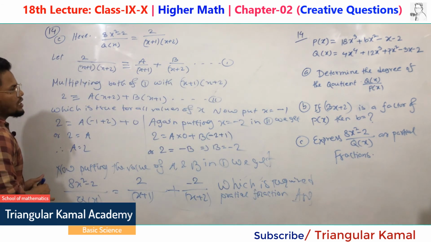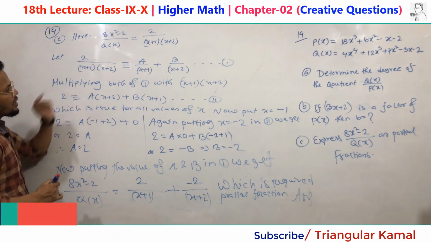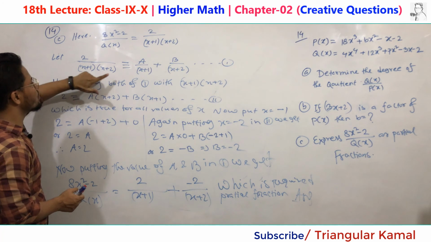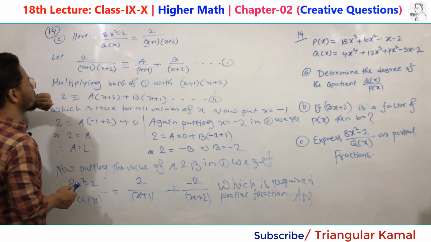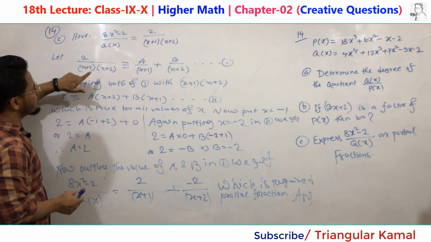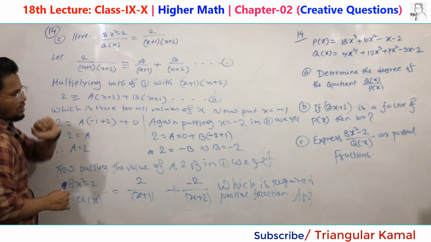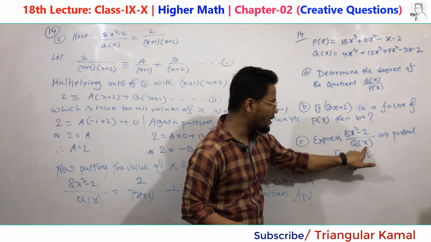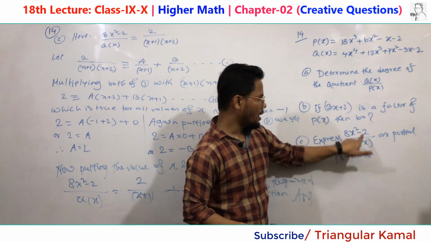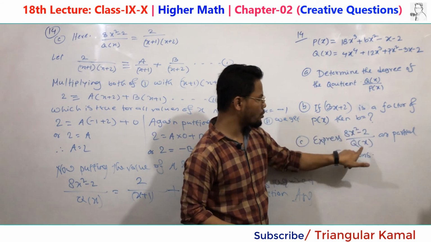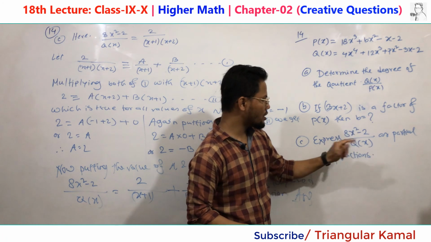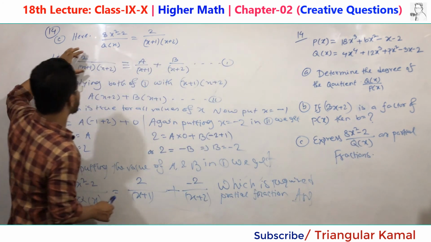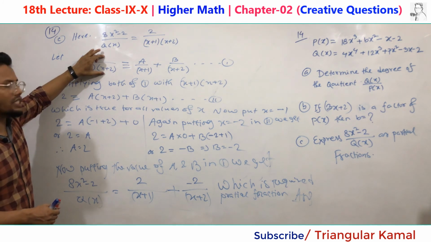So actually the partial fractions here is method 1 you have to do. There is no complexity, because there is no repeating part and no quadratic form, and that's why you just have to apply method number 1. But before doing partial fractions, you have to find the factors of q of x, and then reduce 8x square minus 2 divided by q of x to the lowest form, and you will get the reduced form, that is the smallest unit.